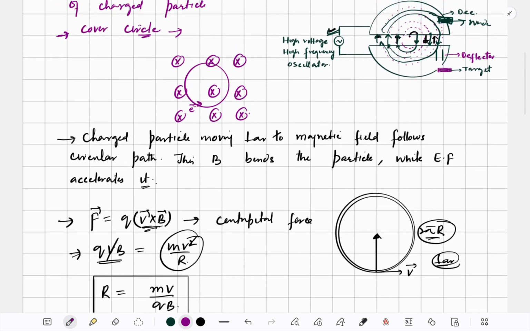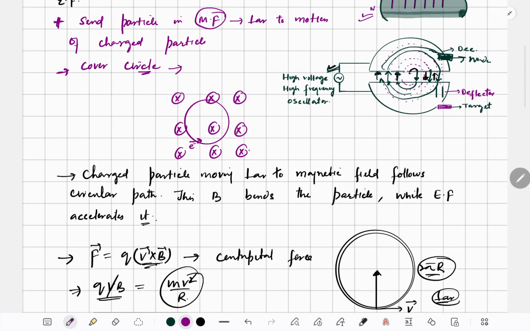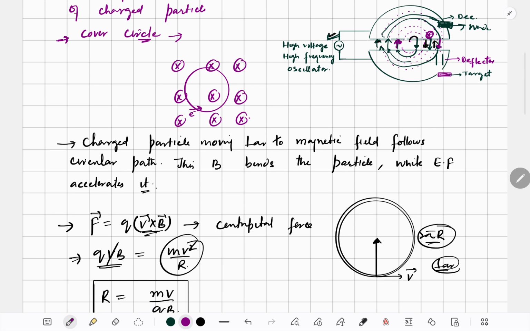Cyclotron frequency means the frequency of the charged particle in the cyclotron, and the outer oscillator frequency should be adjusted so that every time the particle crosses the gap, the electric field accelerates it correctly. If it goes against the charged particle motion, then it won't be able to accelerate the charged particle. I'm assuming here some positive charged particle.